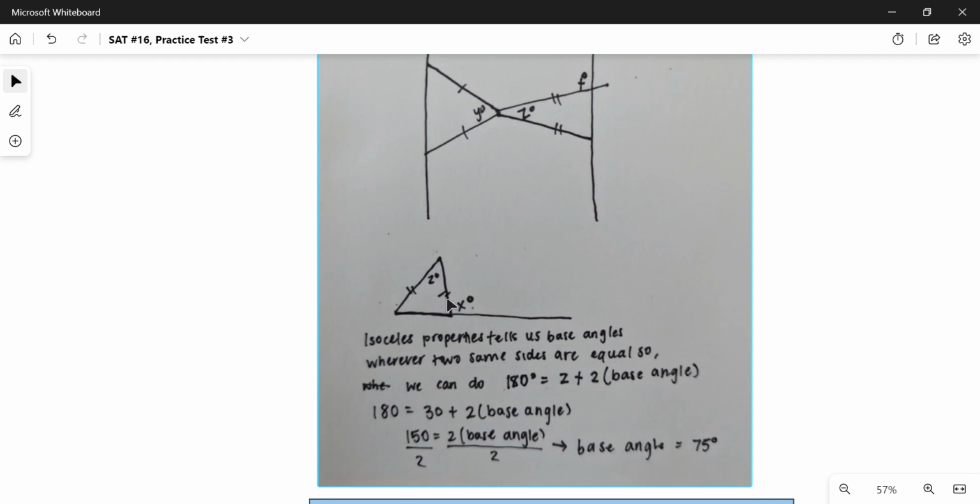We do that because we already know these two base angles are equal, so we take one value and multiply it by 2, plus the z, which gives us 180.